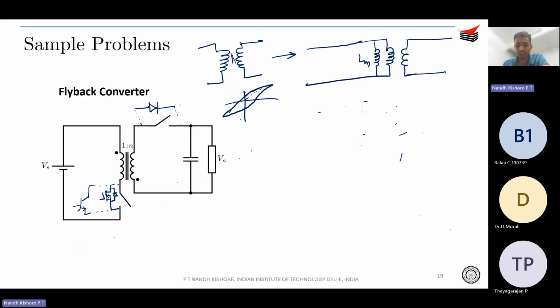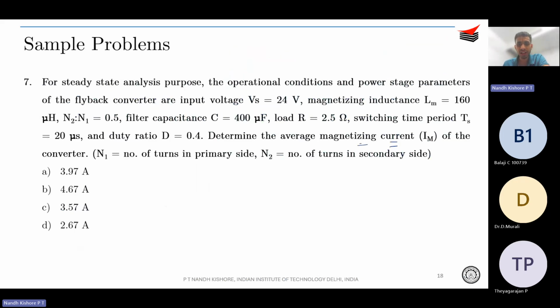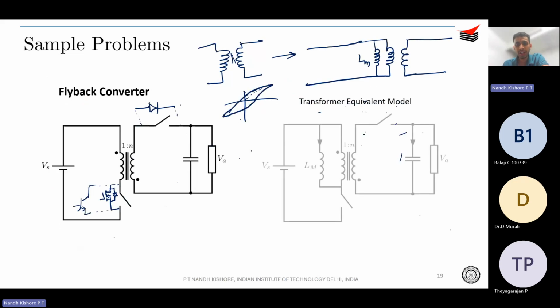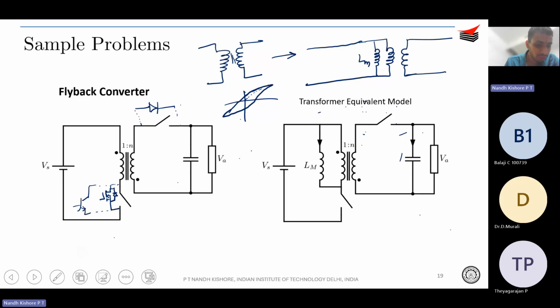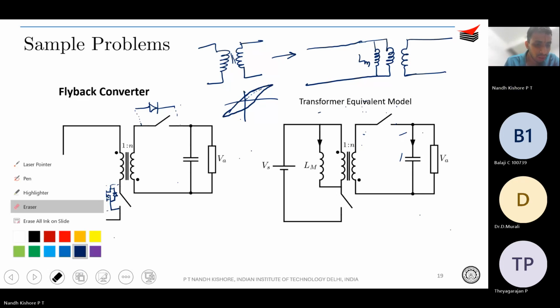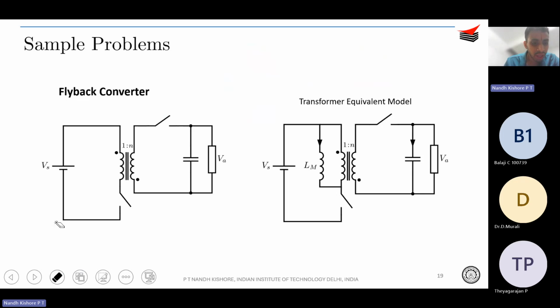So we need to include that over here because in the question they are asking what is the magnetizing current of the converter. So you include that, and hence you end up with something like this. That is, there is a shunt component across the primary winding, and that is what we are calling LM.